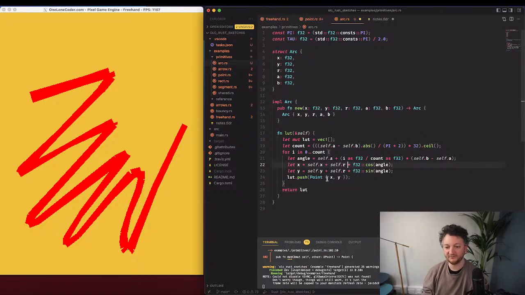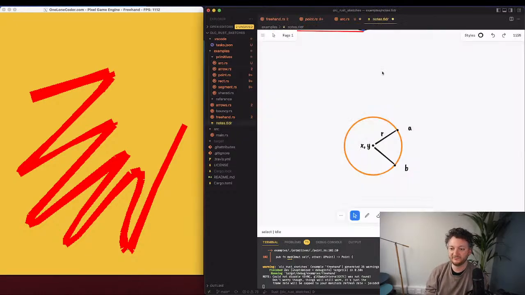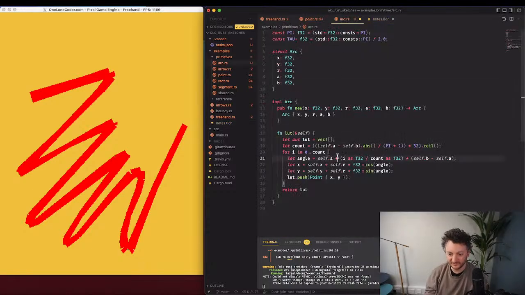So the lookup table is going to give us a vector of points along this, basically between these two. And so it should always include, right, it should always, I'm going to do it like this. I'm going to do floor.